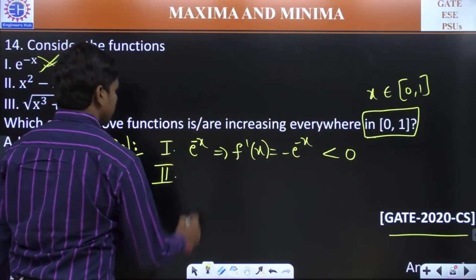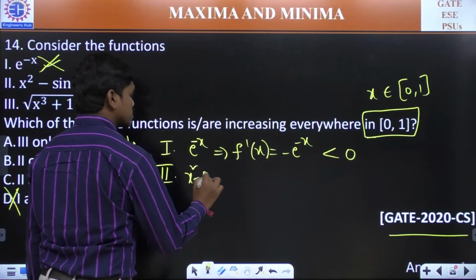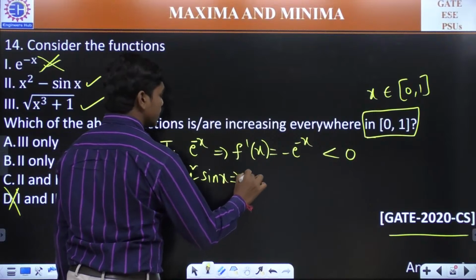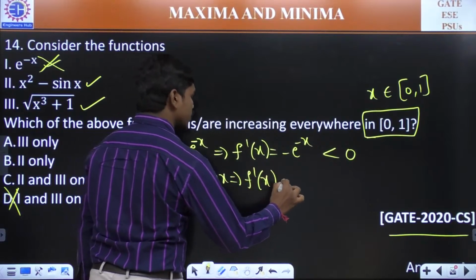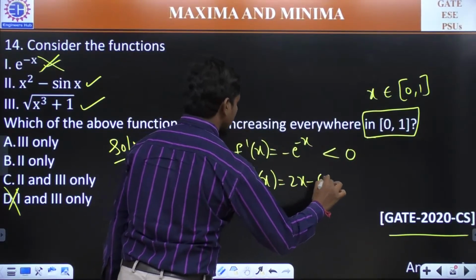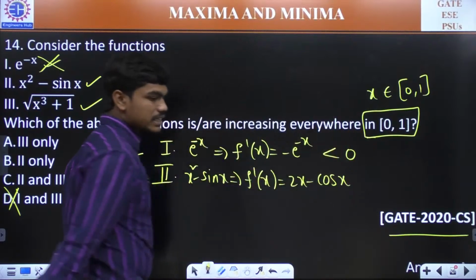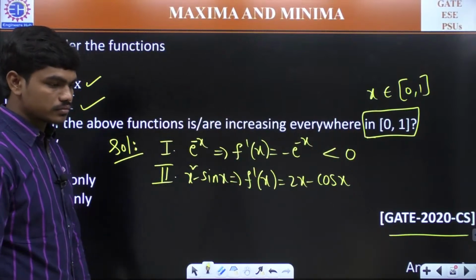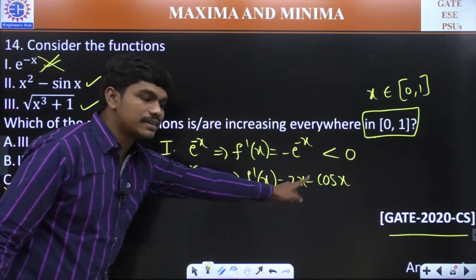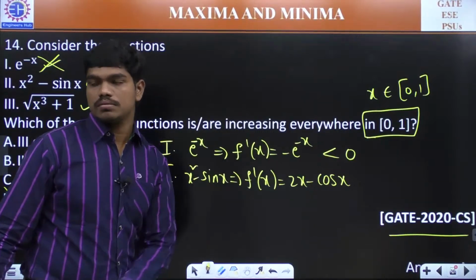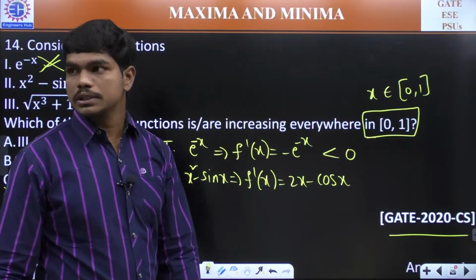Second, x square minus sin x. This implies f dash of x is equal to 2x minus cos x. Now, can this be increasing or decreasing? How to decide whether this is greater than 0 or less than 0? Please try to answer.